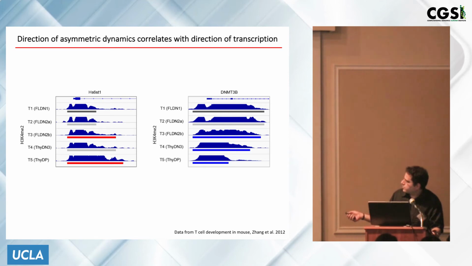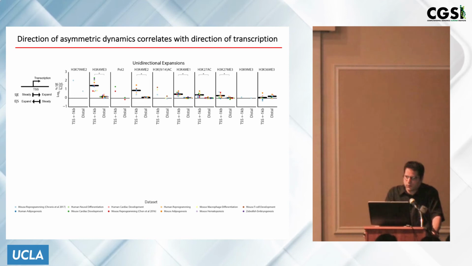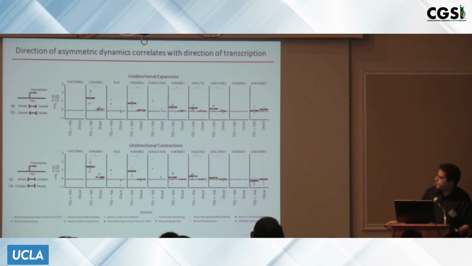While for this location, we saw this contraction across time points away from the transcription, and then this boundary held steady. And this was something we analyzed more systematically and found that this held for several histone modifications, that there was this asymmetry of expanding into the transcribed region or contracting away from it.